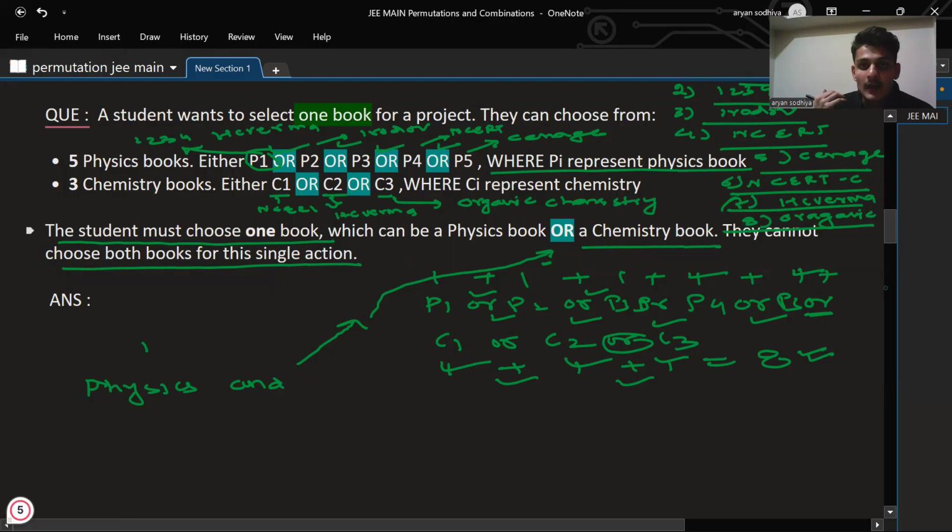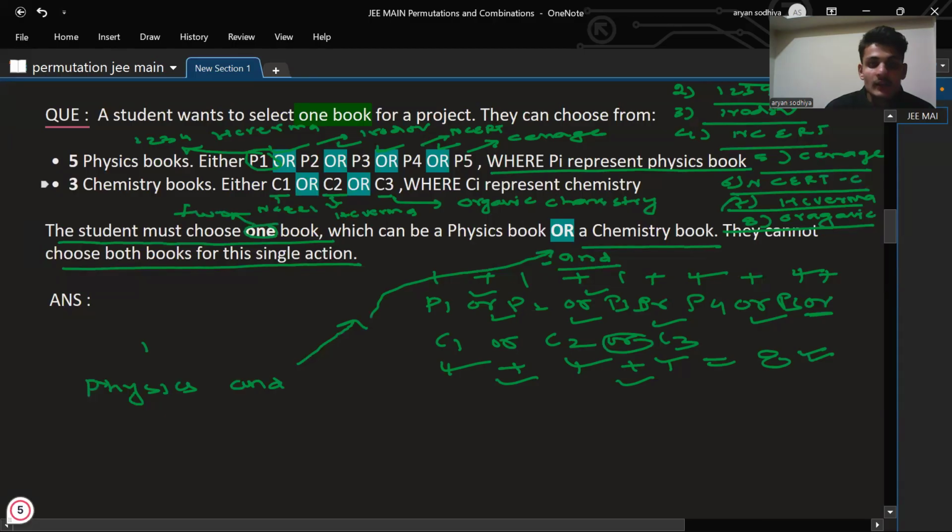Many questions are failed due to a slight mistake of question reading in permutation and combination. So if "and" is here, like let's say in the place of "or", "and" is here. So a student must choose one book which can be physics. Let's say here in place of one, there is two.